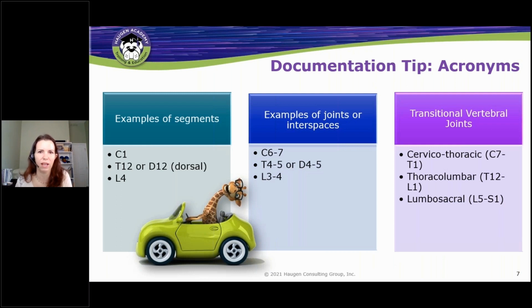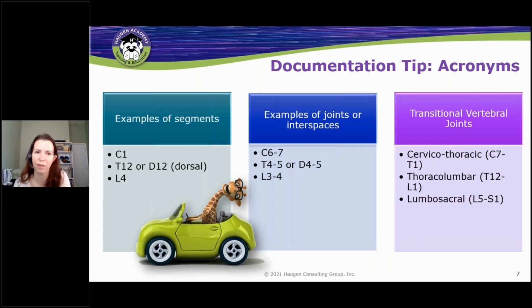This is a really good slide. This is a good documentation tip for any coder: you should know these acronyms. Examples of segments: you're not going to see in your op report cervical spine first vertebra. You're going to see it abbreviated as C1 or C2.